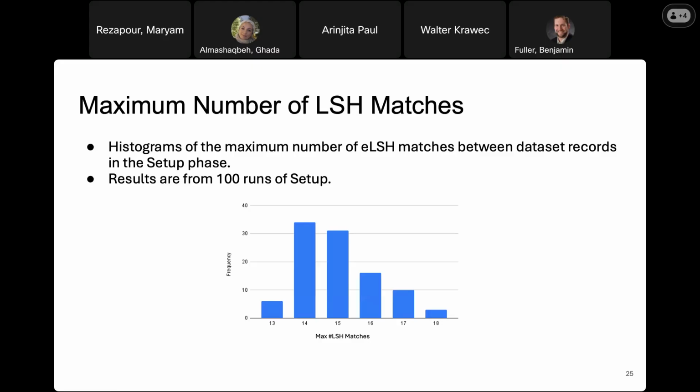So you're saying, let's just take the 14, there are 14 total LSH matches, and 14 is the maximum across all the records. Okay, so you count across all the records and you ask how many LSHs some other record has? And there are different numbers, and 14 was the max in just one setup run. And we did it 100 times.